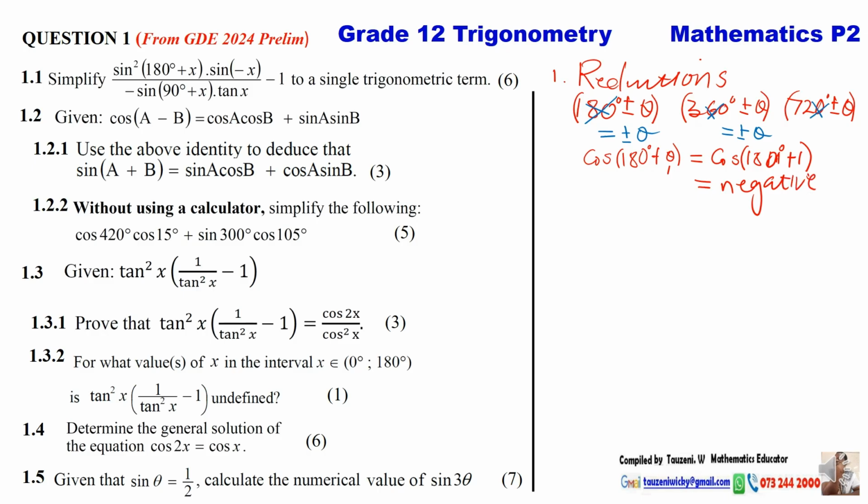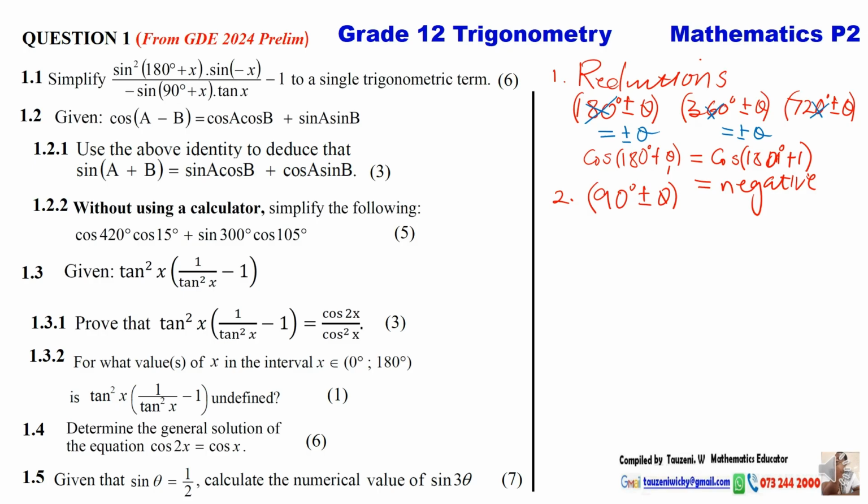That is reduction formulas. The reduction formulas, they come with cofunctions. I must remember that 90 degrees plus or minus theta, two things happen when I'm working with a cofunction. The 90 degrees falls away, then sine changes to cos, and cos changes to sine. And when I do that, there is one that learners forget a lot.